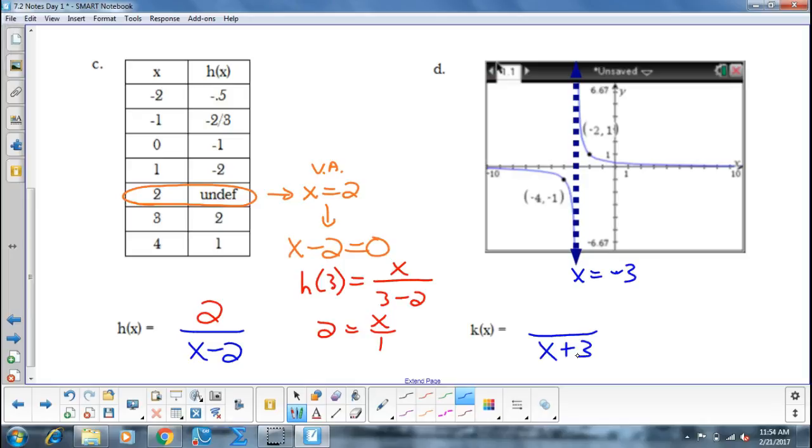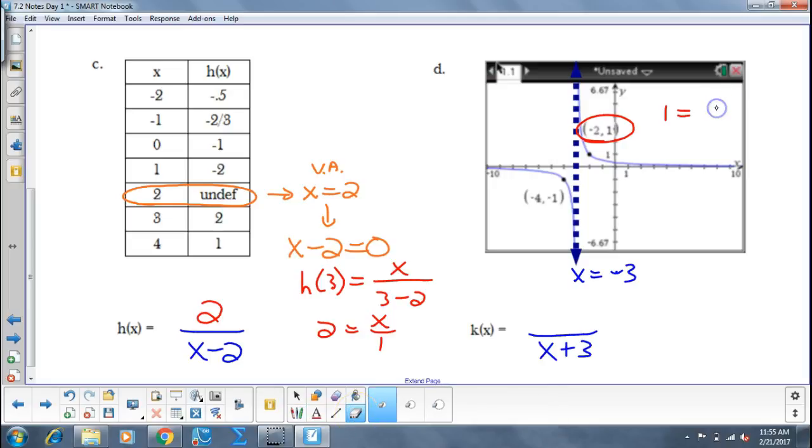What's going to be on top? Well, let's use this point right here. So then k of x is 1. Actually I shouldn't use x. Let's use question mark. Question mark is over x plus 3.